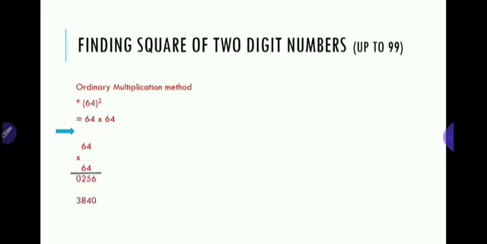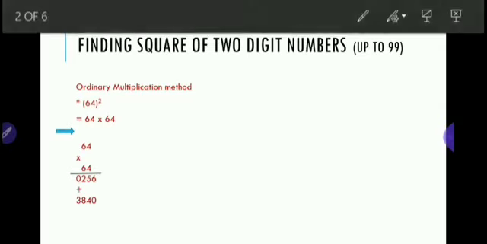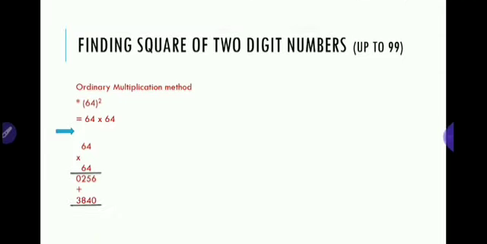Then you multiply 64 by 6, you get 384, and you add a 0 at the unit place, and then you add both the values to get the final answer. That is, the final answer will be 4096. But this requires a little bit larger time.